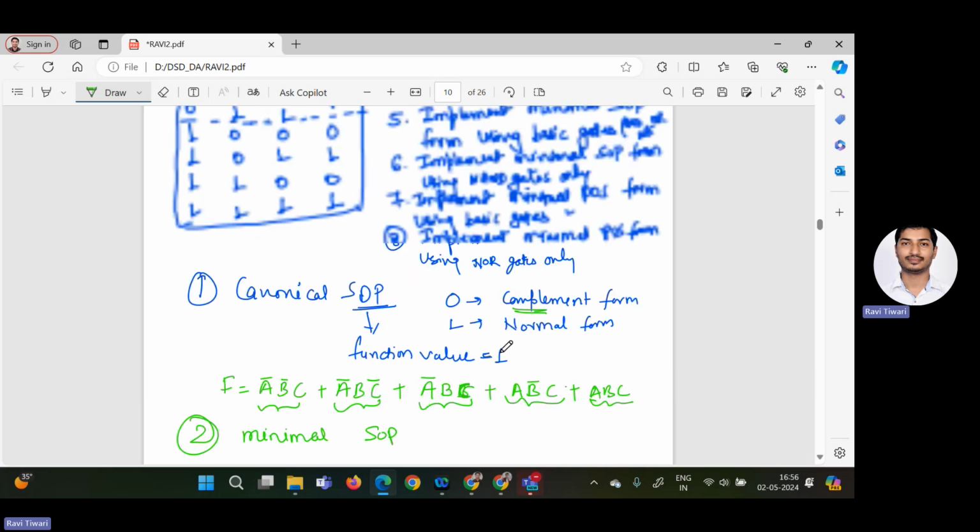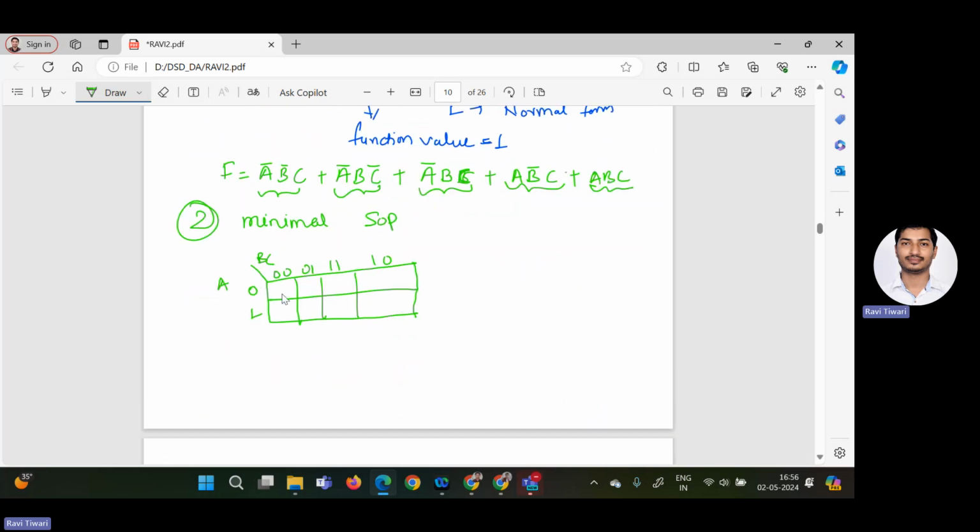You can also write here 0, 1, 3, 2, because 000 is 0, 001 is 1, 011 is 3, 010 is 2. Similarly, 100 is 4, 101 is 5, 111 is 7, and 110 is 6.